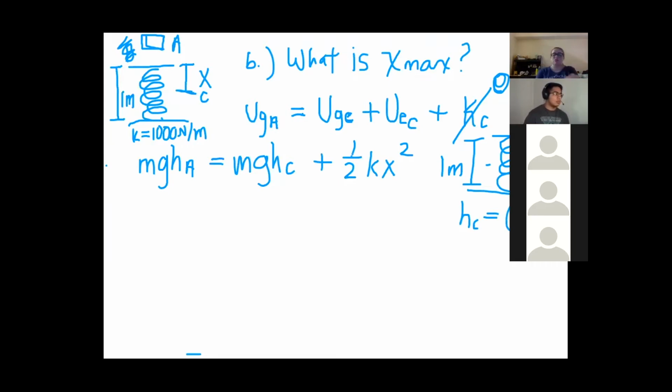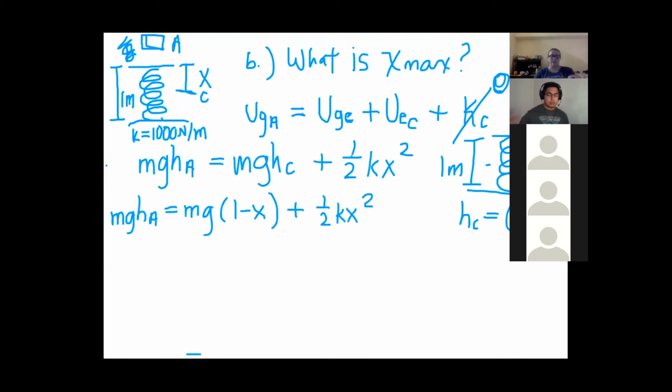And seeing as we are solving for the value of x, this will allow us to solve the problem with a value, whereas before we didn't know what the height is at C, seeing as we don't know what the compression is. So rearranging, doing this again, we have mgh at A, so mg times 1 minus x plus 1/2 kx squared.